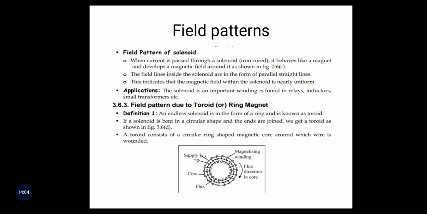When current is passed through an iron cored solenoid, it behaves like a magnet and develops a magnetic field around it.